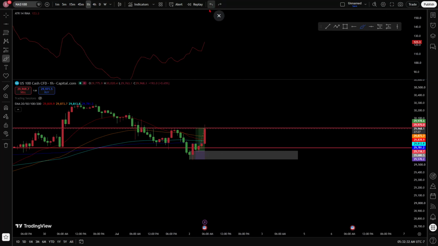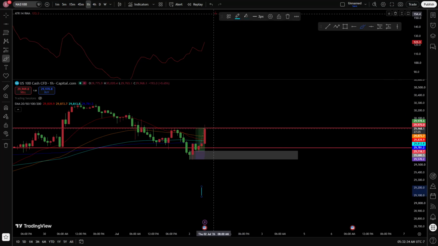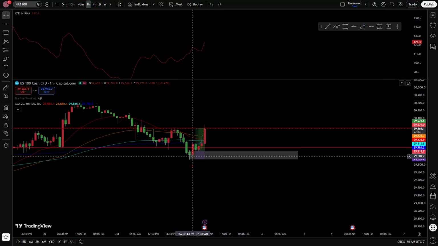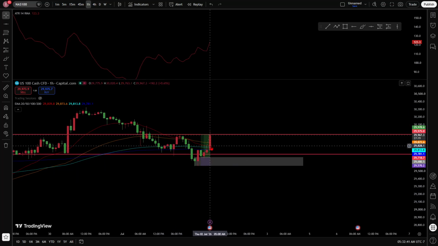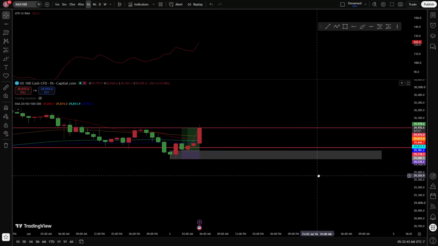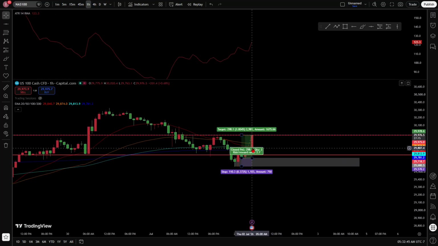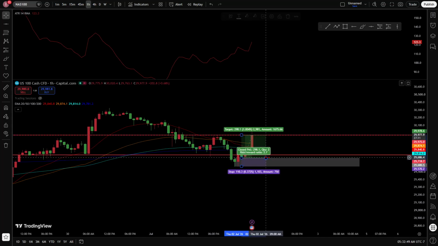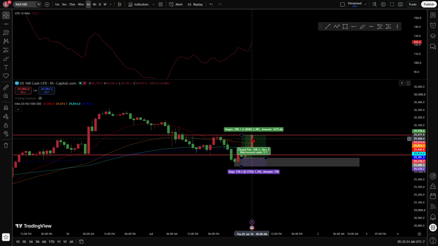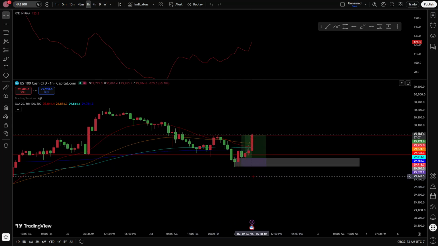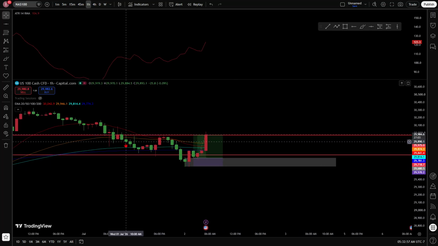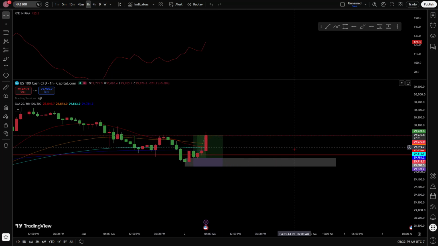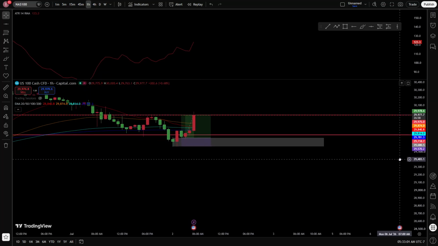But now we're going to delete all that. Now you're asking me, how did you identify this? Okay, now we have to look way before this candle ever existed. Before this candle ever existed, we need to see that we have built a little zone, sort of like a support and resistance zone.